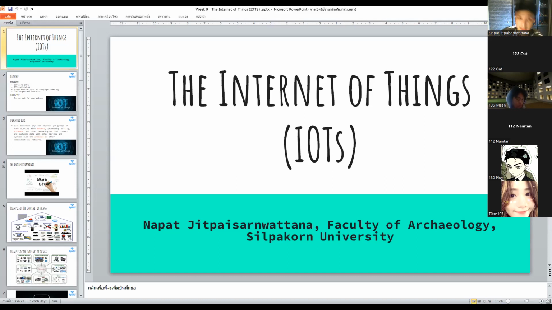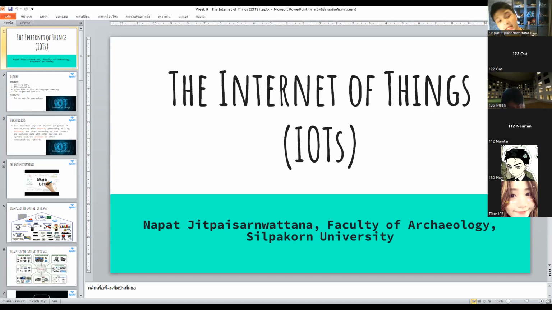Then in the second part, we will look at IoTs around us, some of the famous examples of IoTs that people have been using in the past 10 years. Then we will look at the potentials of IoTs in language learning, right? So what potential these types of tools offer to us.